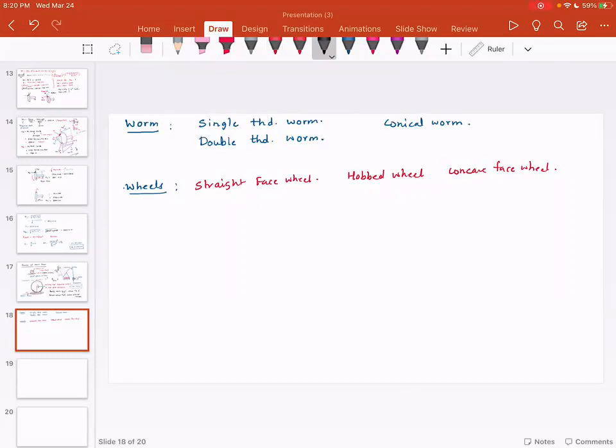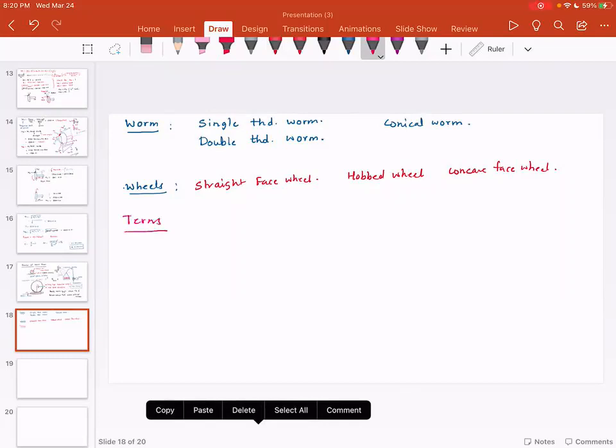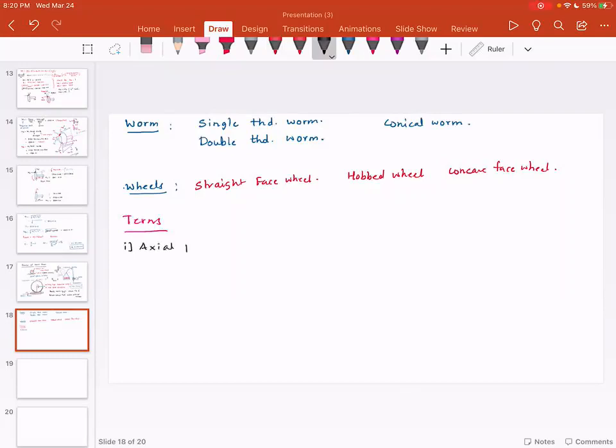So I'm going to give you some terminologies or nomenclature. So, terms. The first term is called the axial pitch. This is clearly the pitch in the axial direction. This is also called the linear pitch.